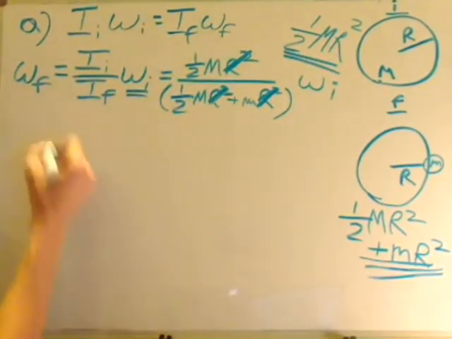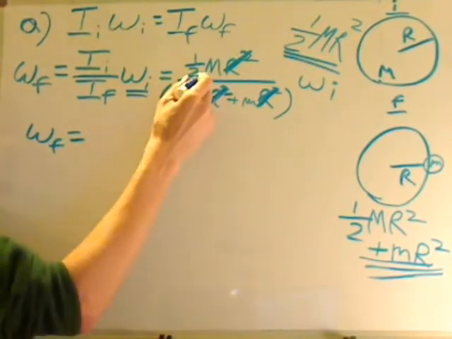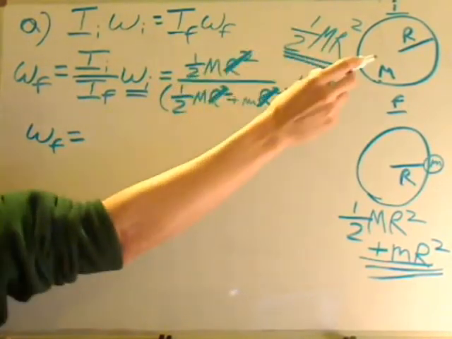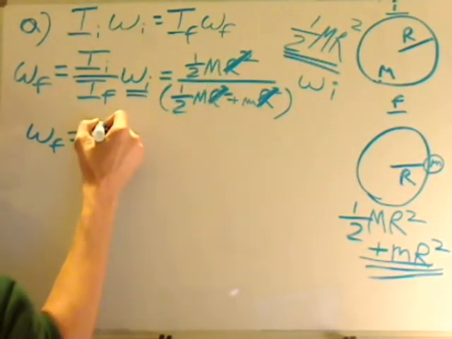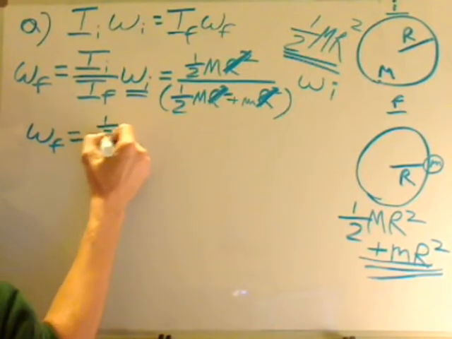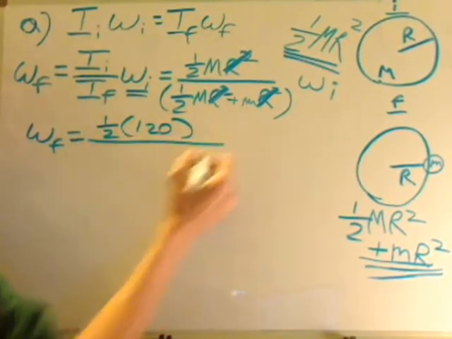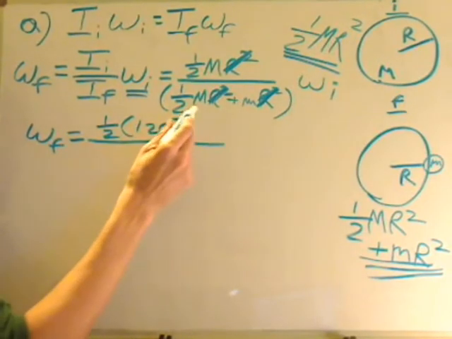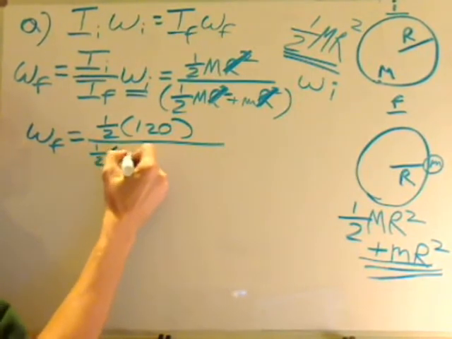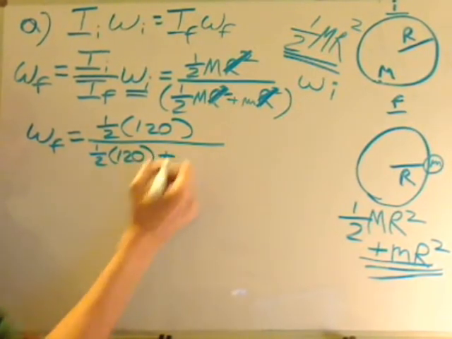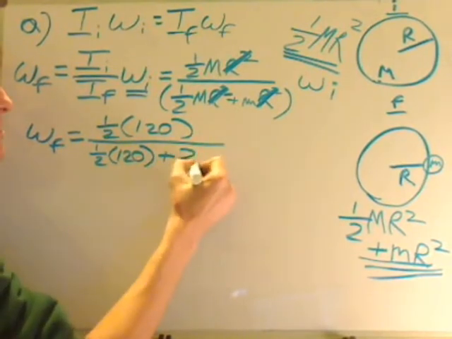So we can start plugging numbers in now. The final angular velocity is 1/2 times big M, which is 120 kilograms, in the numerator. In the denominator we have 1/2 times 120 plus little m, and the mass of our child is 22 kilograms.